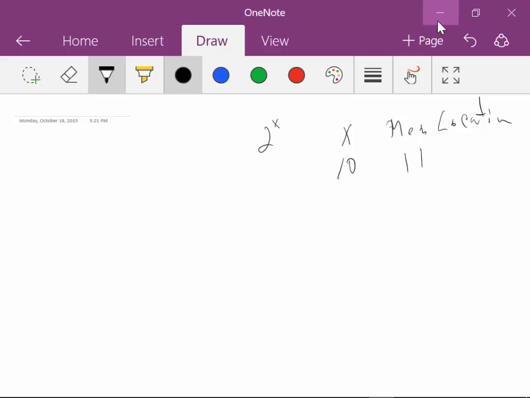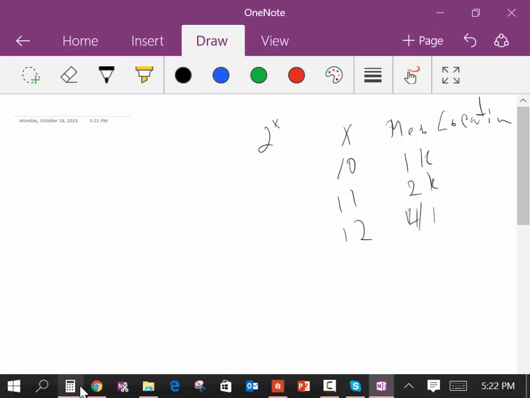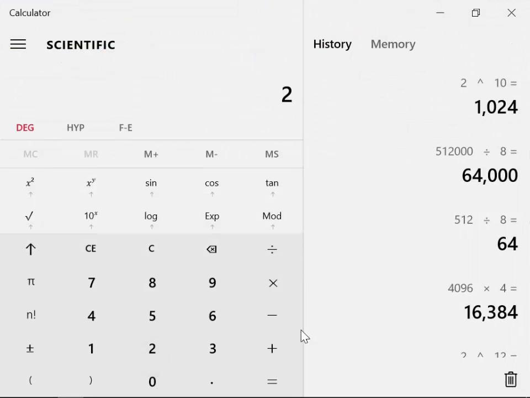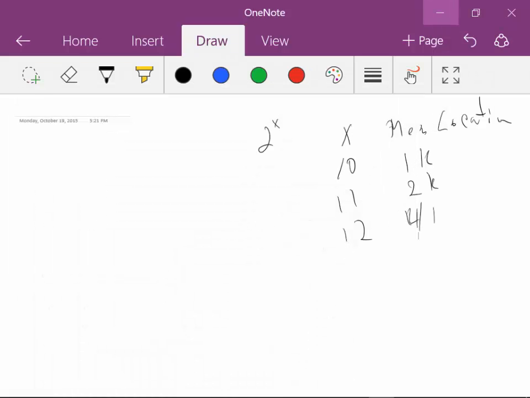So that's 1K. 11 lines will give you 2K. 12 lines will give you 4K. 13 lines is 8K.